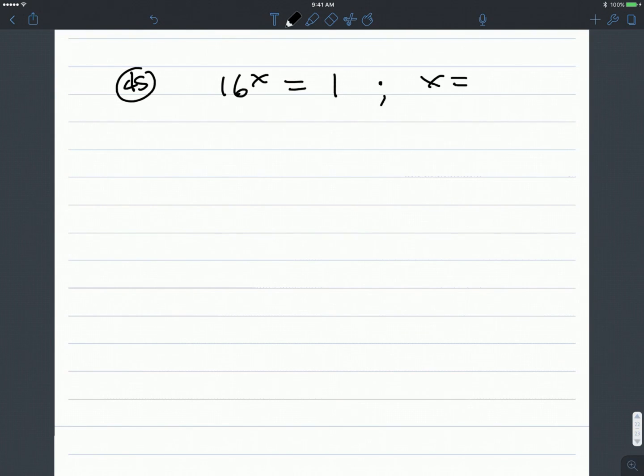Good job. That's it, 0? I don't know. You tell me. Yeah. Is that 0? The only way a base to a power could be 1 is if the power is what? 0, yeah.